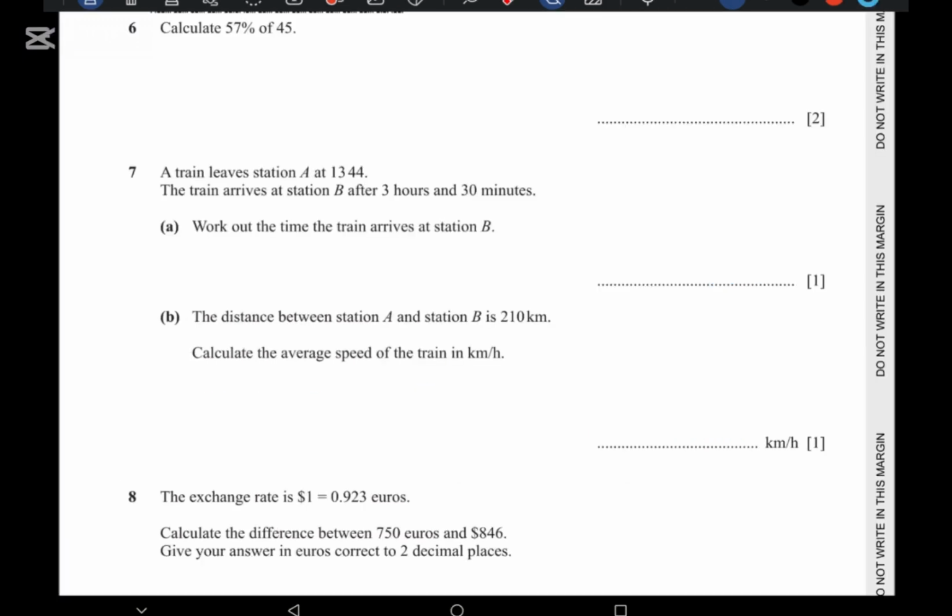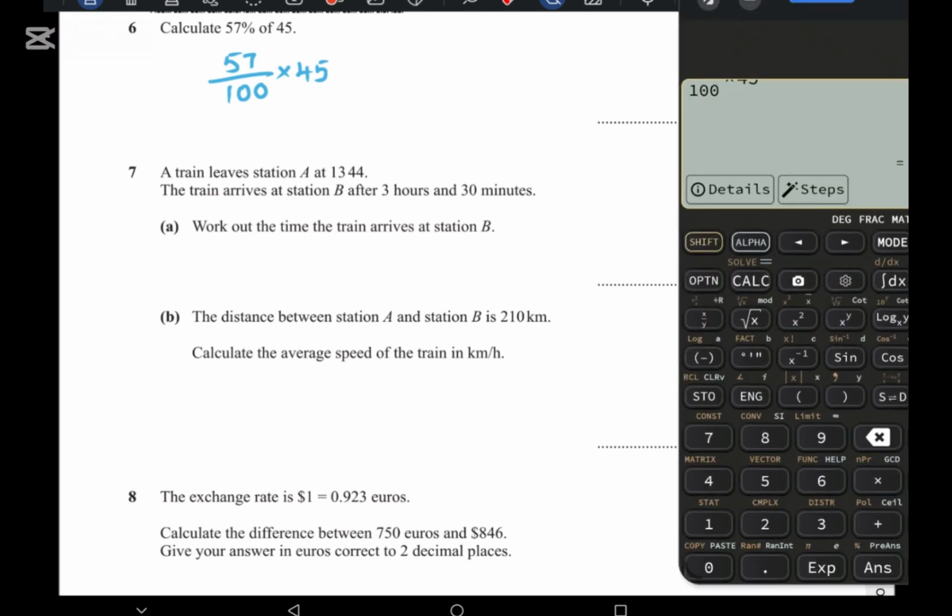Question number 6. Calculate 57% of 45. So we need to find out the 57% of 45 here. For that we have to write 57 out of 100, like write the fraction of 57%. Any number which is given as percent will always be written in the form of a fraction like this, by 100, because percent is always out of 100, and multiply that to the number for which they have asked the percentage.